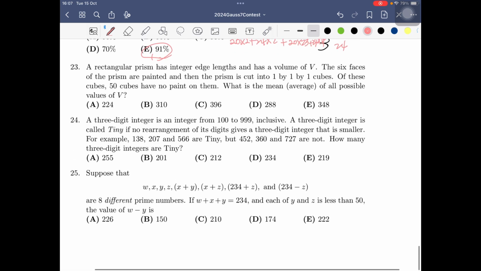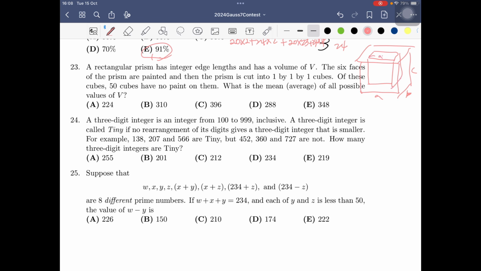A rectangular prism has integer edge lengths and has the volume of V. So maybe it is like this: A, B, C, all integers. And it is painted, and it is cut into 1 by 1 by 1 cubes. Okay, so when we check, only 50 cubes have no paint on them, which means the very inside here has 50 cubes.